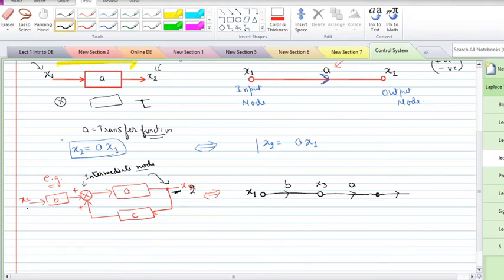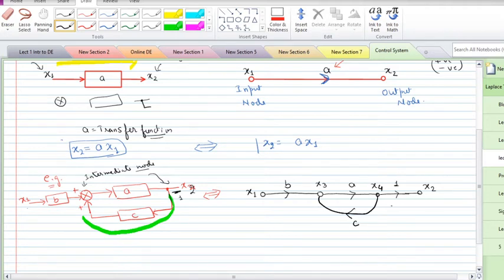For this part the transmittance is 1, and this is your x2, and this is your x4, and there is also another feedback flow in this direction, from this side to this side. So we have to take care about this. This is x4, and this is c. However, we have used a plus sign here, so this should be plus.